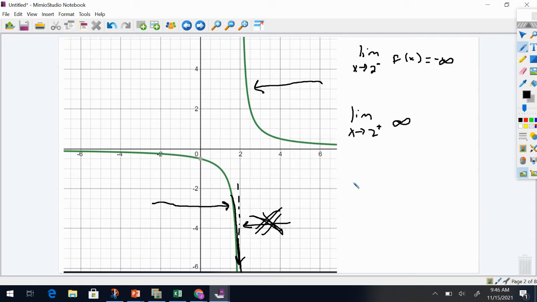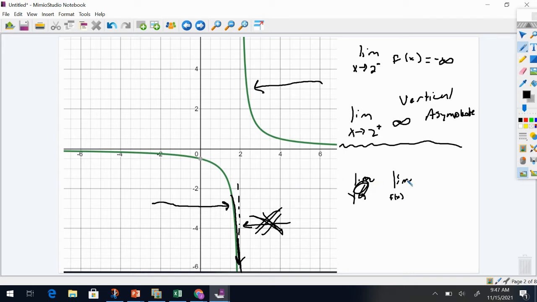And then we have a problem that says the limit. This is for when we're looking at the vertical asymptote. Now, if it asks you to look at the limit as f of x approaches 0 from the left, then we're talking about the horizontal asymptote.